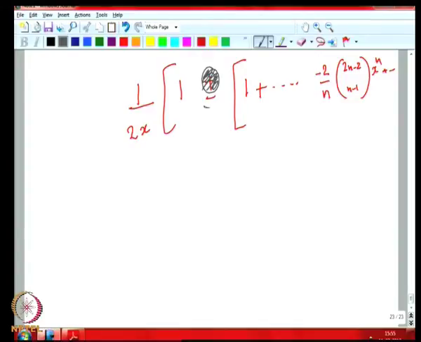So, this is not an option at all, this we can remove. So, we have to take this other option. So, then what happens, 1 and 1 will cancel, this will read as 1 by 2x into 1 minus 1. So, we will get x, right. So, here the x coefficient you have to put minus 2 by 1 into 2 into n minus 2 into n minus 2.